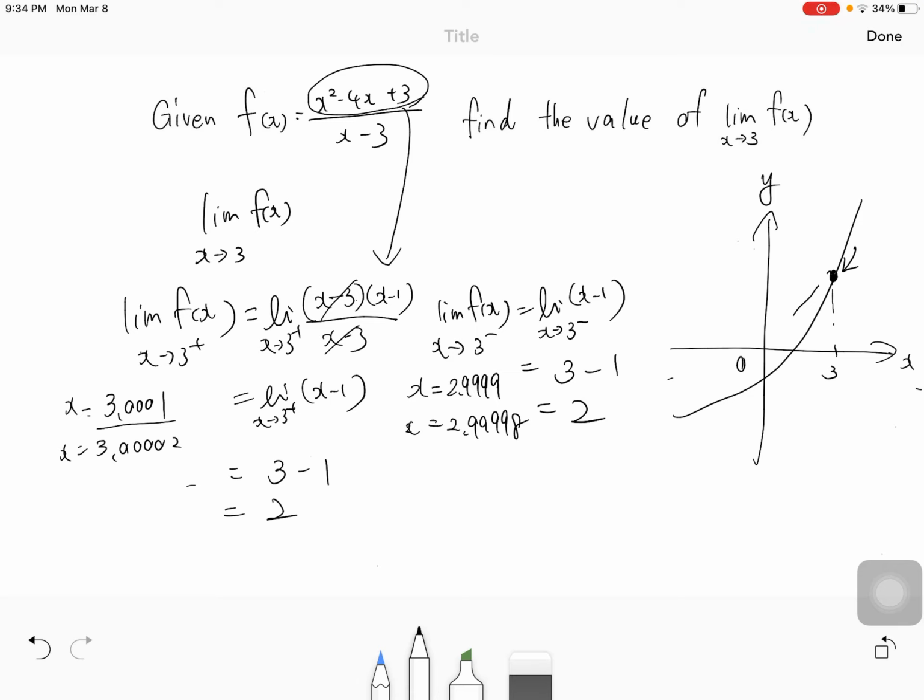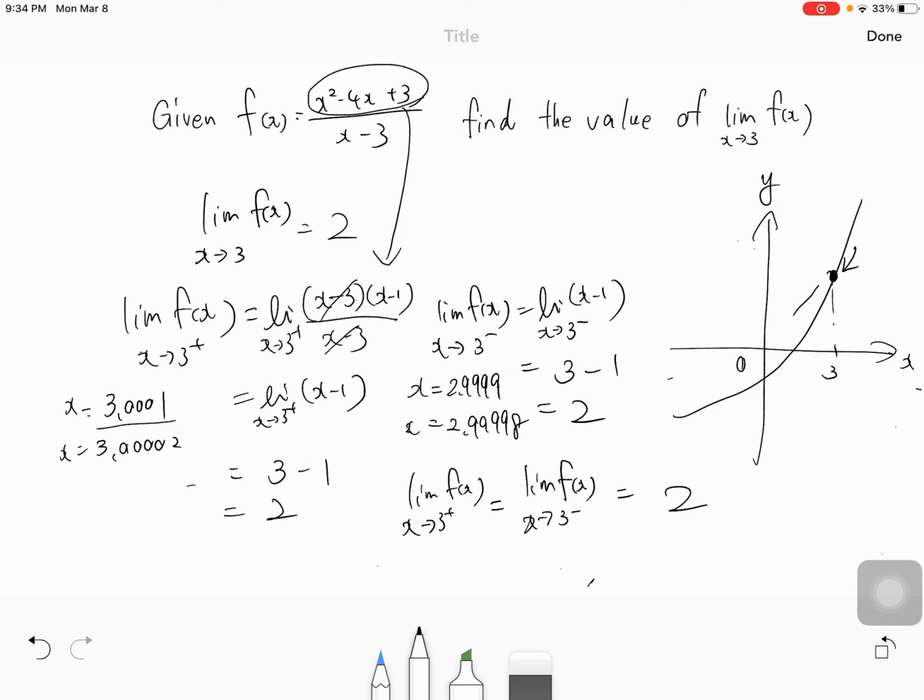So as a result of approaching from right and left side, you got the same value. Limit f of x as x approaches 3 from right side is equivalent to limit f of x as x approaches 3 from left side. Then the answer here is going to be 2.